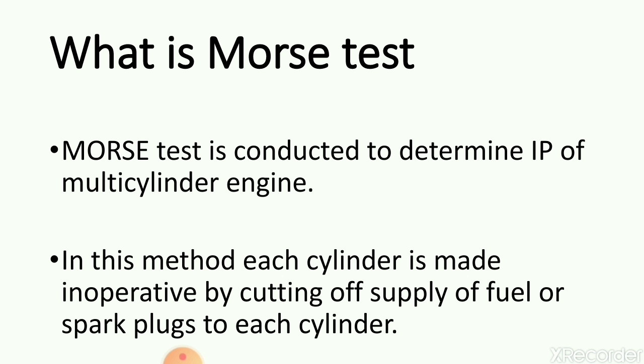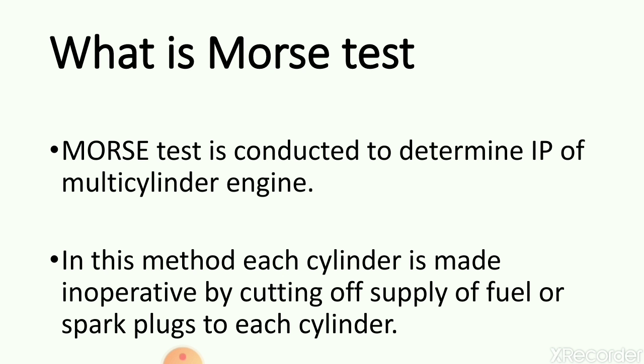As we know, indicated power is the power which is produced inside the engine after the combustion of fuel. And brake power is the power which is available on the crankshaft, and this is the useful power. So brake power is the useful power that we require, and indicated power is the total power which is produced after combustion of the fuel.